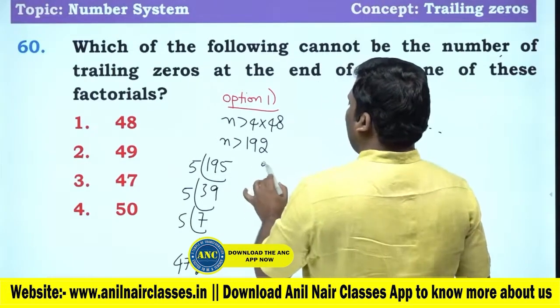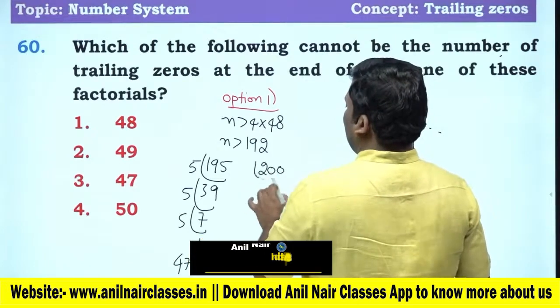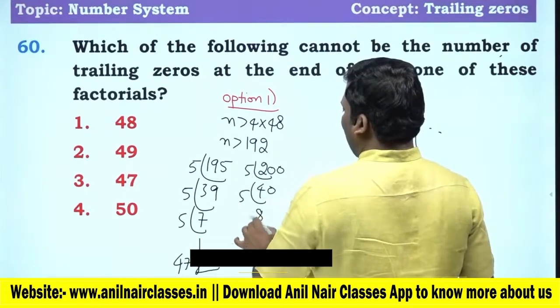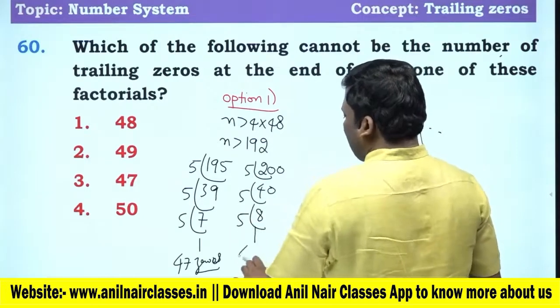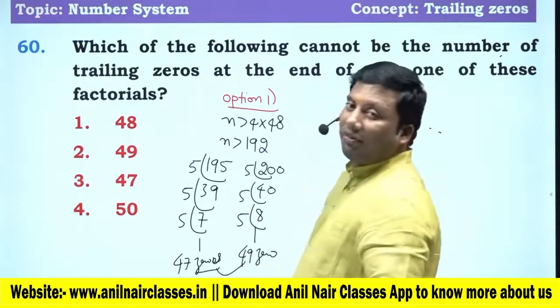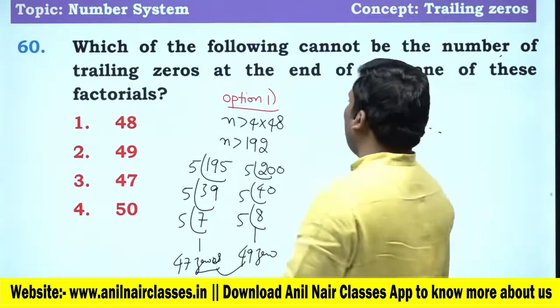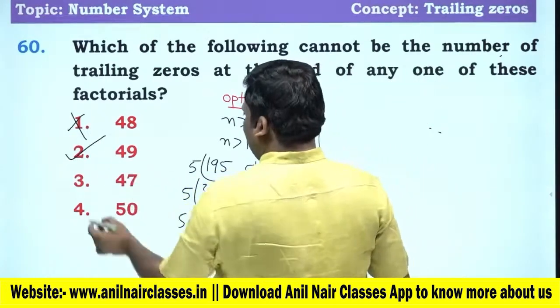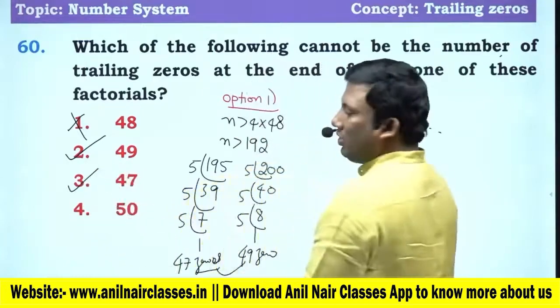47 zeros. Next multiple, it will be 5 40s are, 5 8s are, 5 1s are. 40 plus 8 plus 1, 49 zeros are there. Am I getting 48 zeros anywhere? No, it is not possible. 49 is possible, 47 is possible.